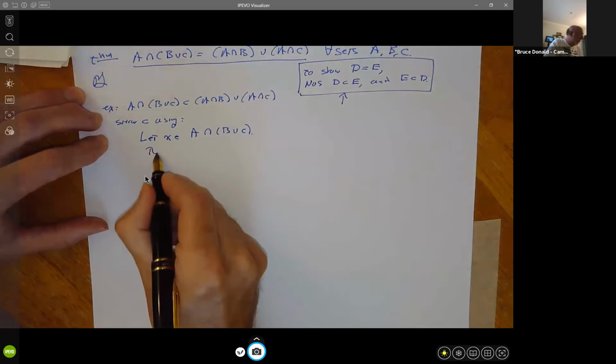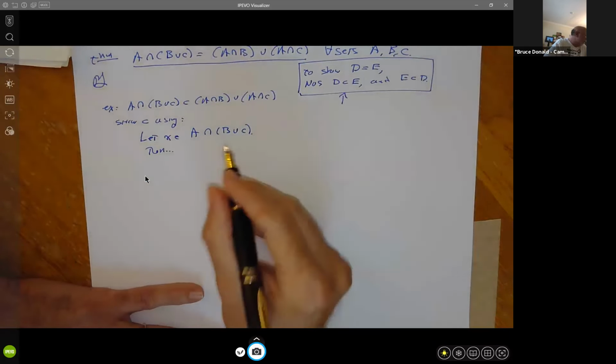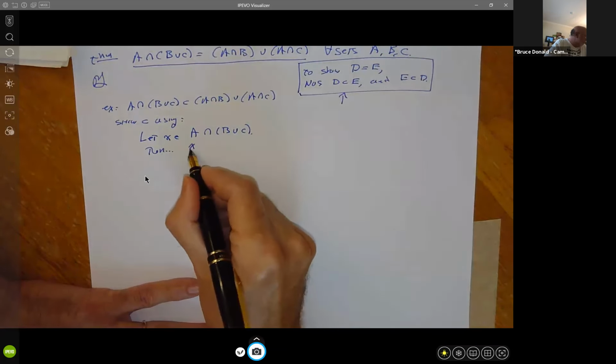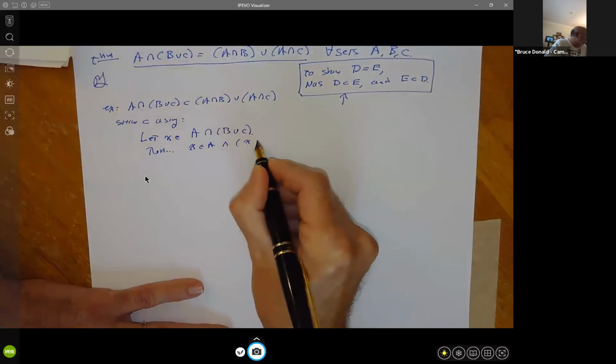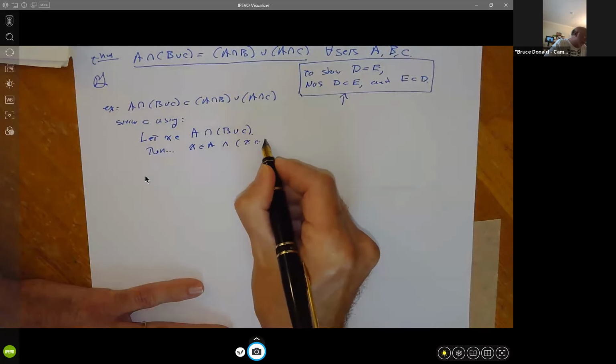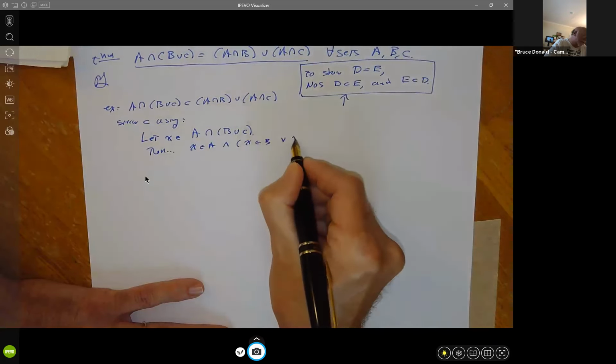So then, what do I know? Well, if X is in A intersect B union C, then I know that X is in A and X is in B or X is in C.